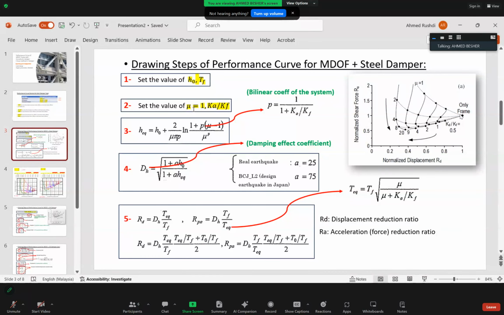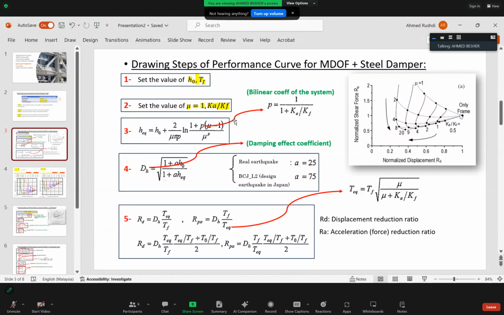Next, we set initial values for mu and the stiffness ratio between the added device and the frame. In the third step, we calculate the effective damping ratio using mu and rho, the bilinear coefficient of the system, which is the ratio between the added device and the frame elastic stiffness.